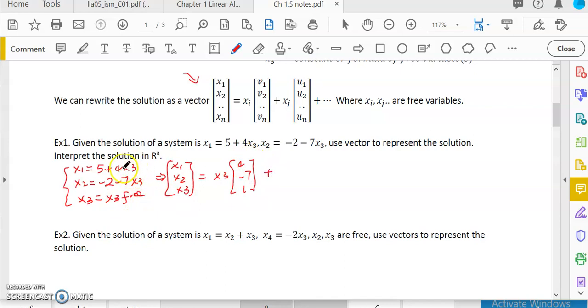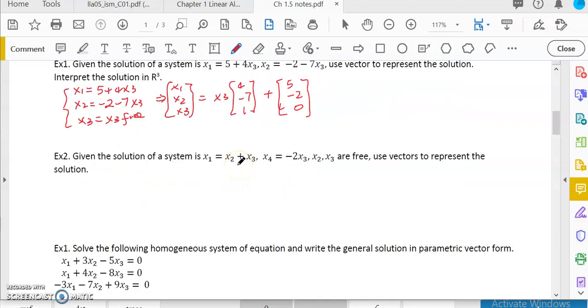After this, I still have a constant vector, so I say 5, negative 2, 0, because I don't have any constant here. So I am writing this answer as a constant vector plus a combination of a vector. Okay, so this is the solution.